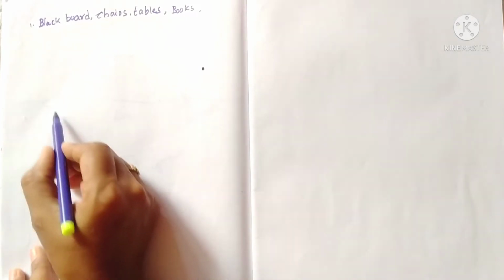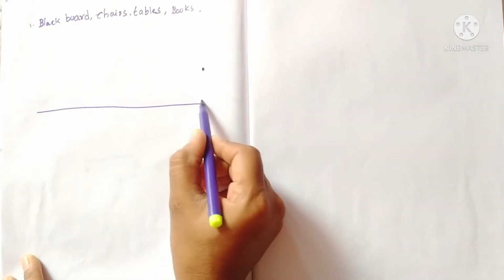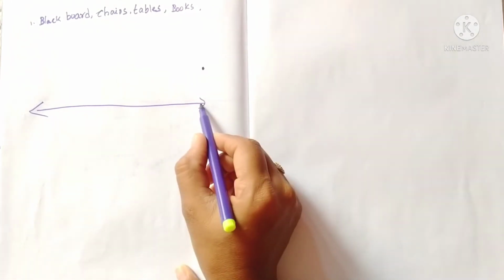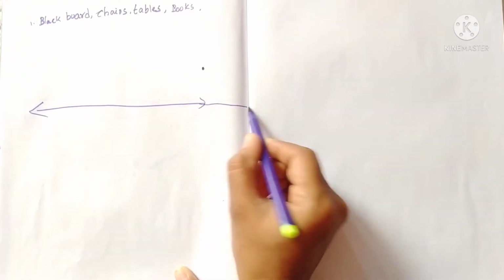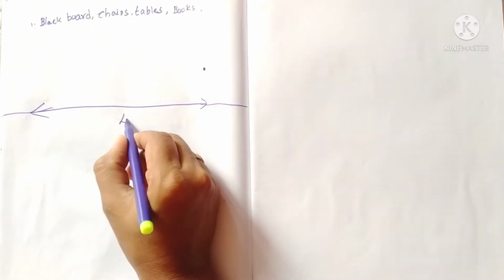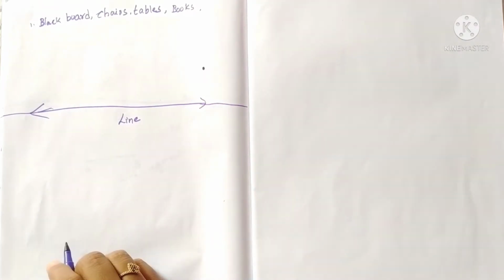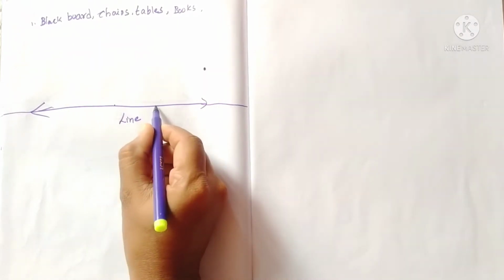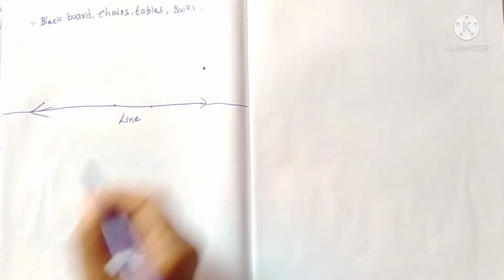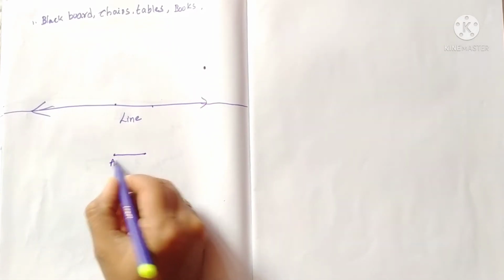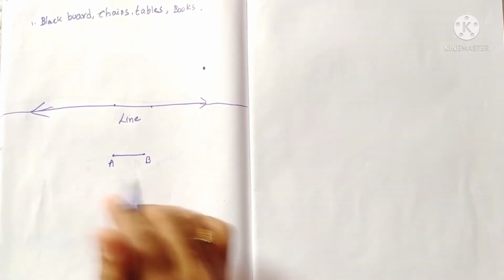So if I draw a line like this and put arrow marks like this, that means I can continue this line. So this is called a line. And a part of it, if I take from here to here, has a starting point and an end point.